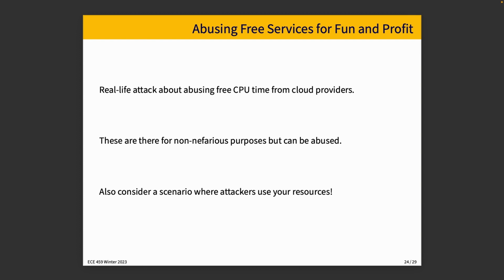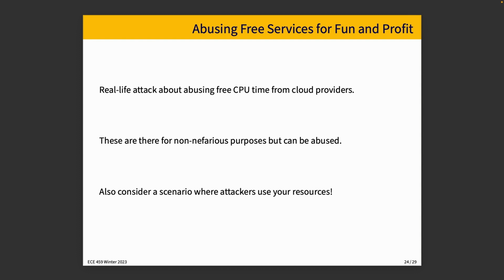And this is nice of them, and they are presumably there for non-nefarious purposes, right? The course notes for this course are auto-compiled using GitHub Actions, which is basically GitHub giving us some free CPU time, some free resources to take the LaTeX files and make the PDF output. No longer offering free resources like this does make it a little bit harder for attackers to abuse, but we also have to worry about a scenario where an attacker gets inside your network and uses the resources that you're paying for to mine cryptocurrency for them.